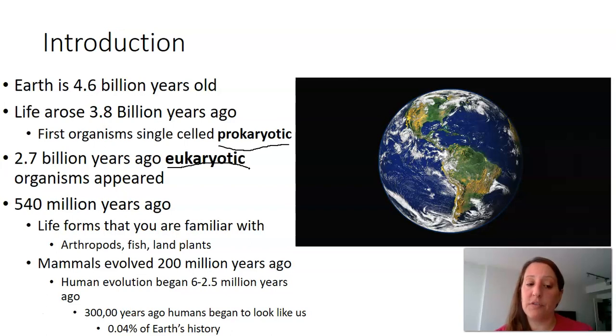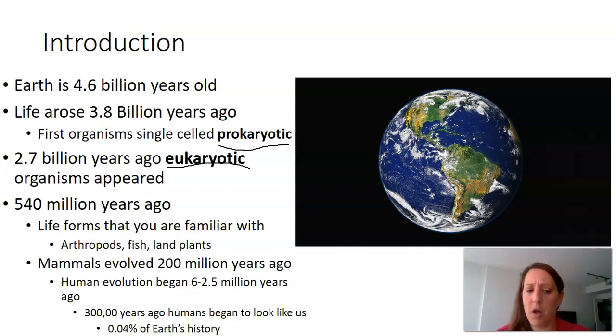Around 540 million years ago, life forms that you're probably more familiar with started to show up on the planet. For example, you're probably familiar with arthropods, fish, land plants. How about mammals? We fit into that category. Mammals evolved about 200 million years ago.